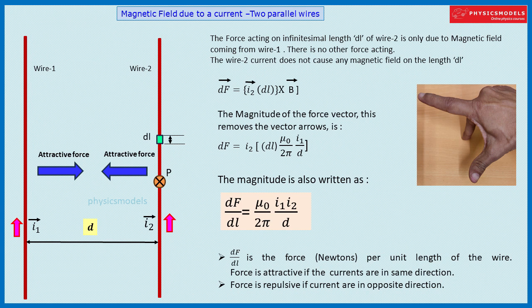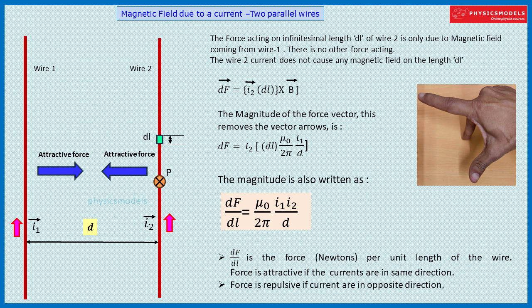The magnetic force of attraction which is arising in the wire 2 is given by dF, actually we can also call it dF2, is equal to the vector I2, that is the current passing through wire 2, into the length dl, into, which is a cross product, into the magnetic field B, which is passing through the wire 2. Now, what is the magnetic field passing through wire 2?